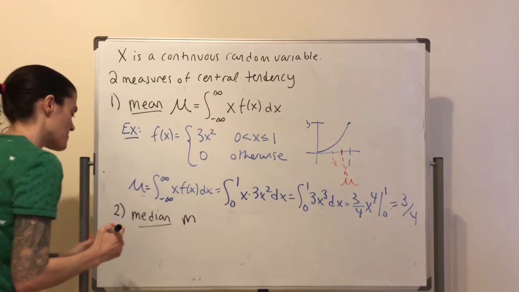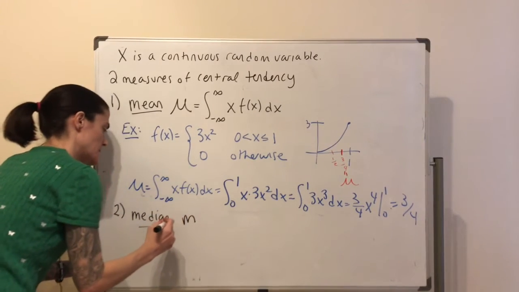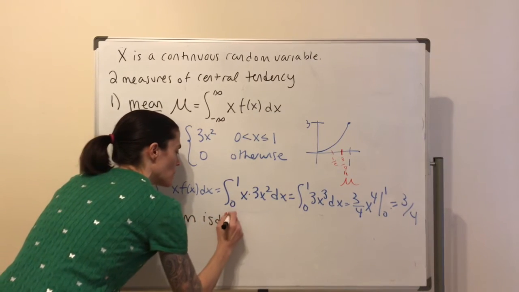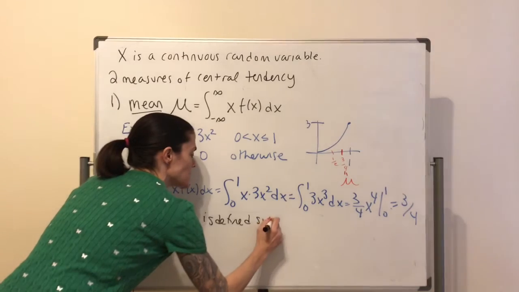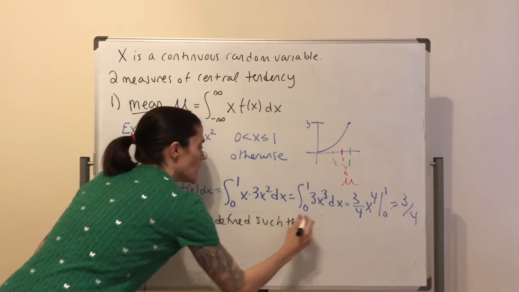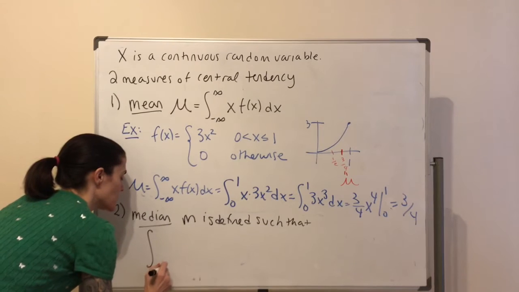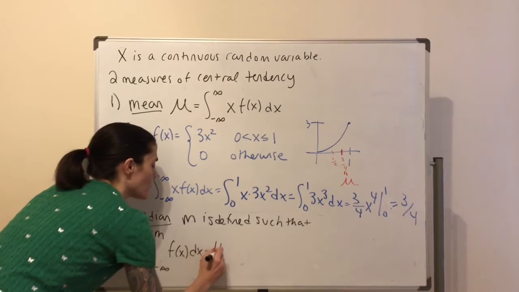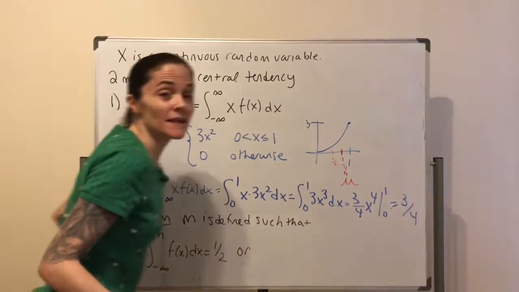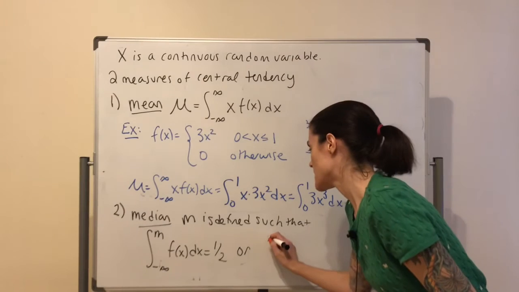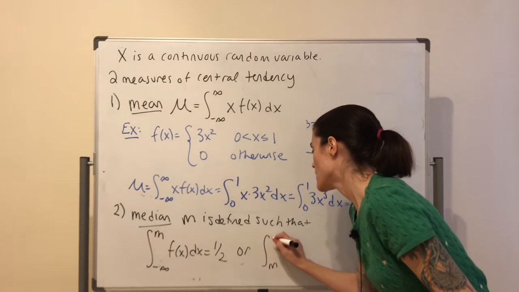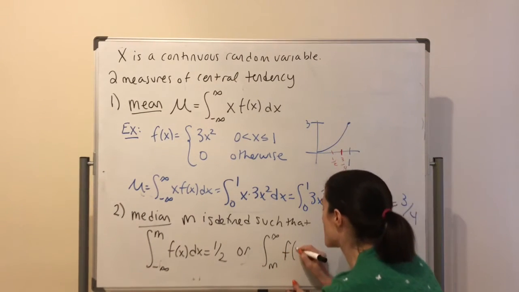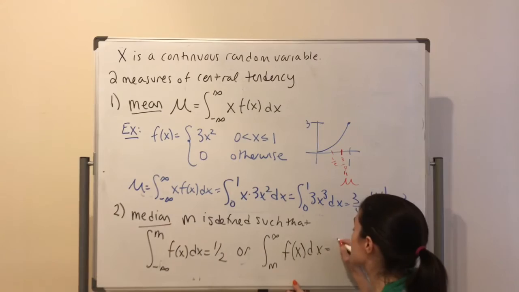The median, m, is defined such that if you integrate from minus infinity to m of the function dx, you get a half, or equivalently, you could write it this way, and sometimes it's easier to work with one or the other, the integral from m to infinity of the function dx is 1/2.